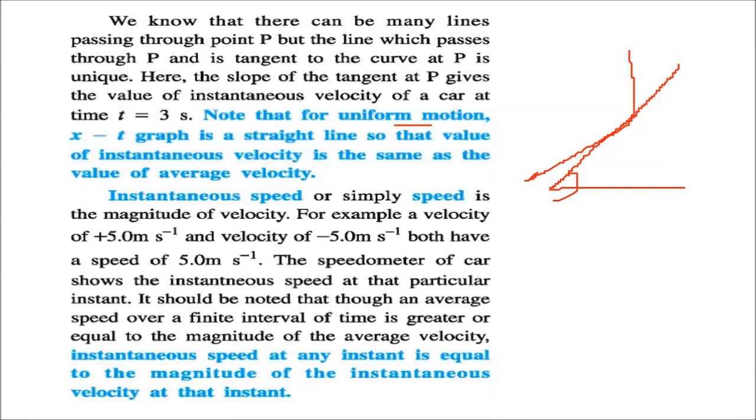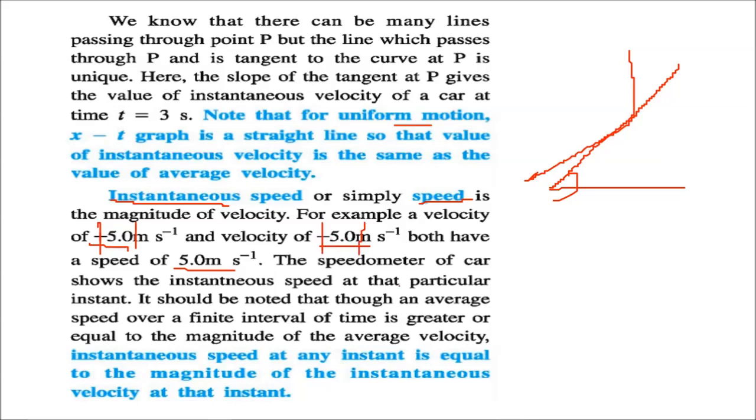In instantaneous speed, we'll just ignore the word instantaneous and call it speed. This is the magnitude of velocity. For instance, a velocity of plus 5.0 meters per second and a velocity of minus 5.0 meters per second both have a speed of 5.0 meters per second, because speed has no sign, only magnitude. So we have to take the magnitude.